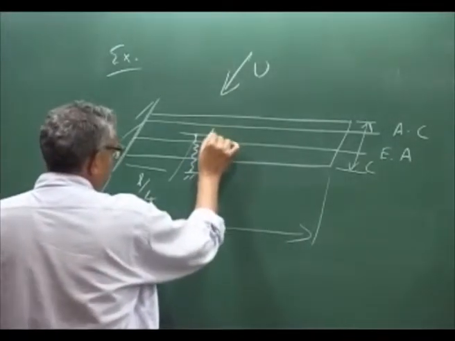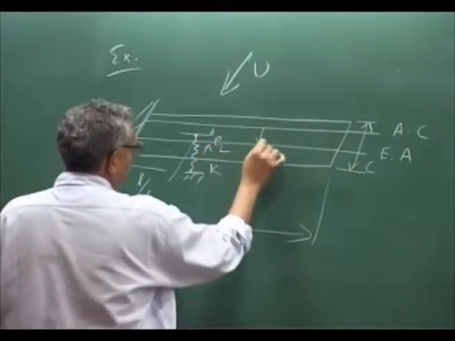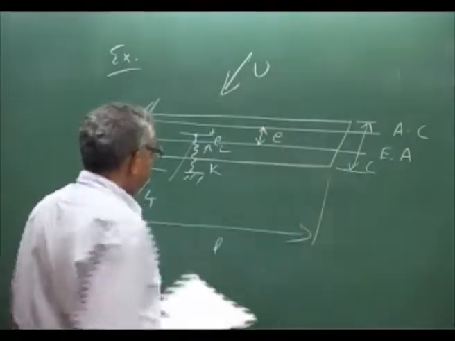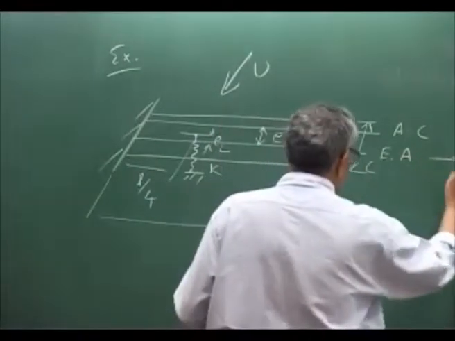This offset I call EL, and this offset is E. Okay, and this is my x-axis.